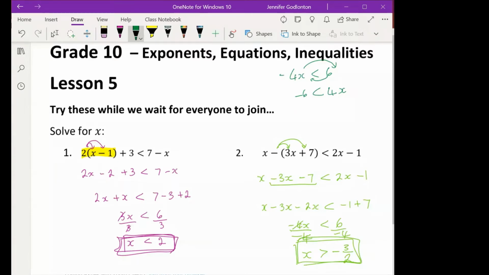But now my x is on the open side of the crocodile's mouth, not on the closed side. And so a way for us to skip the step of having to move the x to the other side is when we divide by a negative, we just remember that we need to flip that sign. Oh, okay, so it's on the right side of the crocodile mouth. Yes, thank you. No problem.